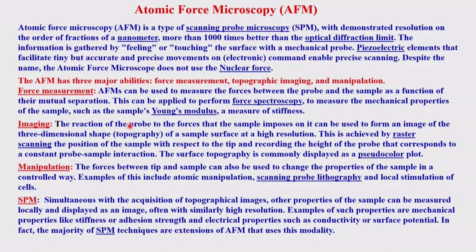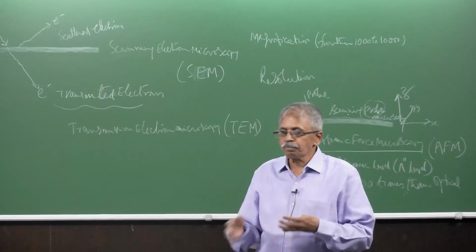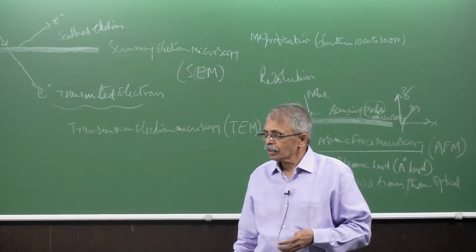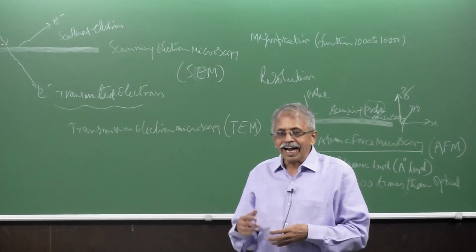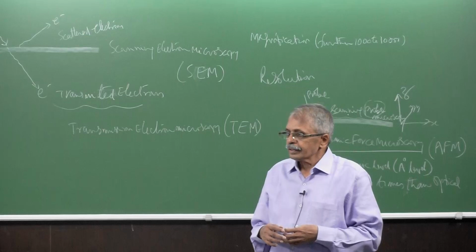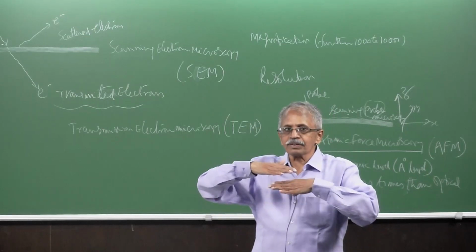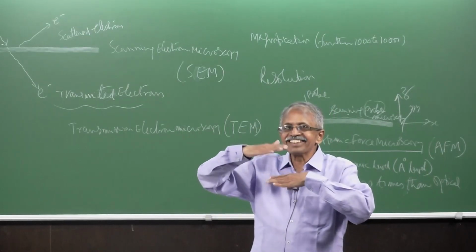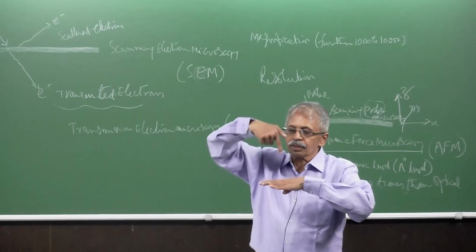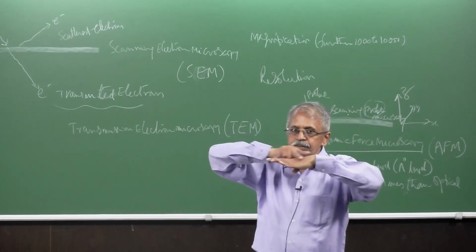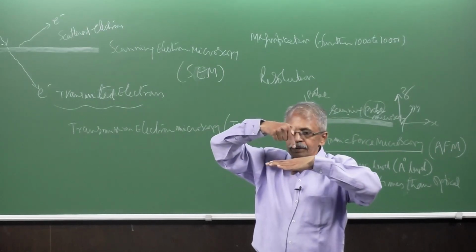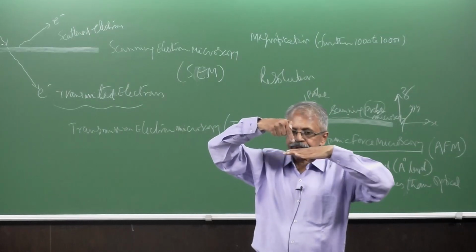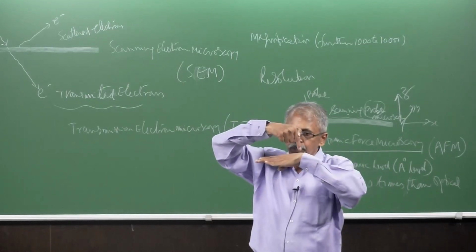So what is the force measurement? The AFM can be used to measure the force between the probe and the sample, as a function of their mutual distance, mutual separation. Let's say this is my probe and this is my surface. Either the surface will be moving or the probe will be moving.